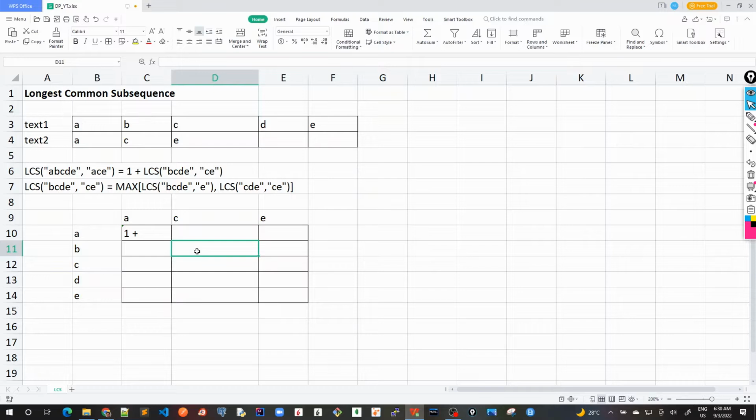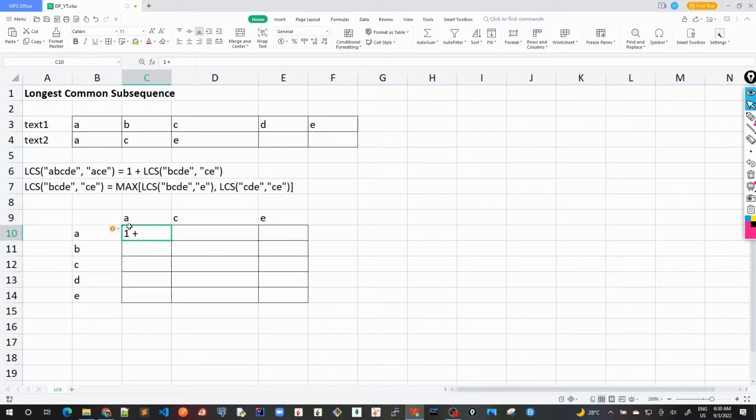So for the LCS between B, C, D, E and CE, the maximum would be the next cell, that is the horizontal one, or the one cell below it. So it would be the max of this and this. So using this formula, right?